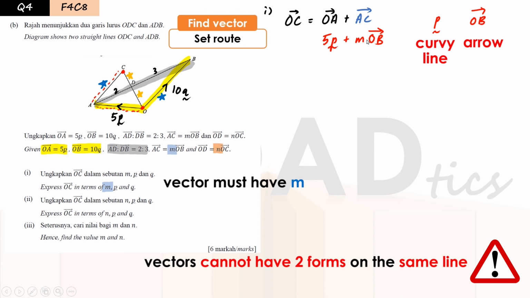So how do we fix our error? Instead of just changing to 5p, why not we change it to OA first? Now I can see that these two vectors both have the same form. So make sure for each of the lines, when you are calculating the vectors, it has the same form. If you want to change the form, all of the vectors change to that format.